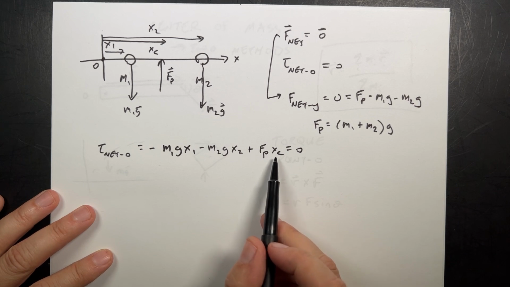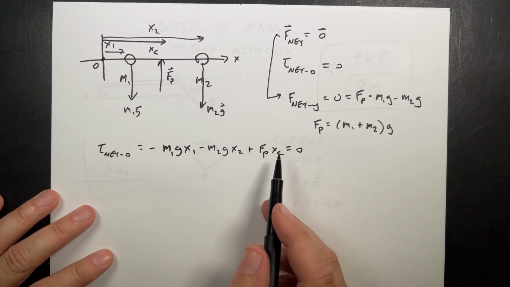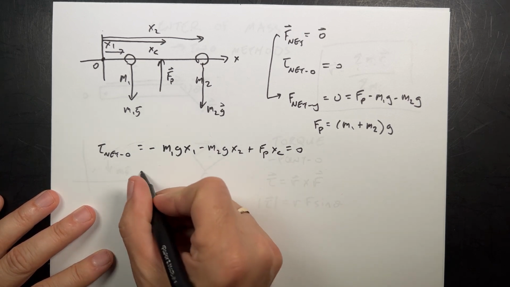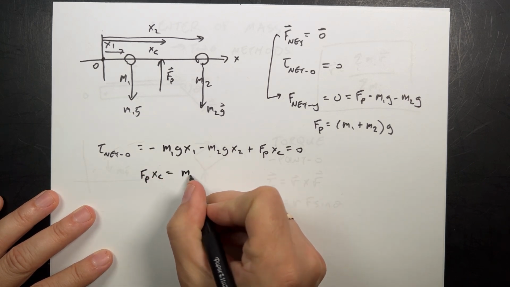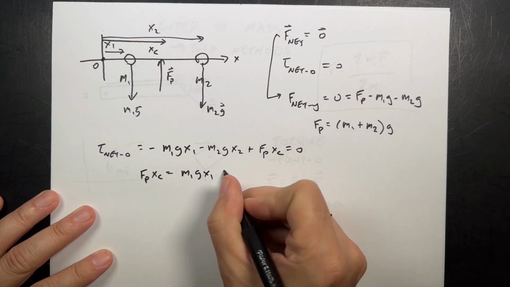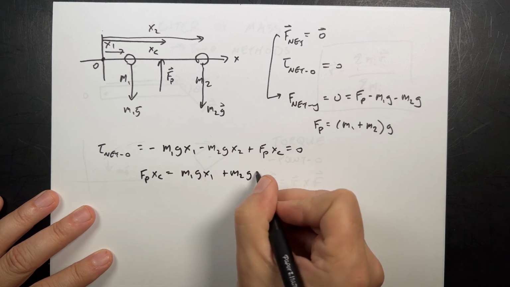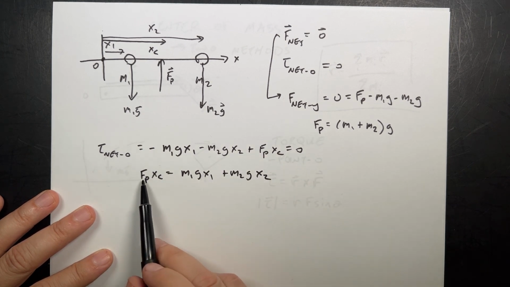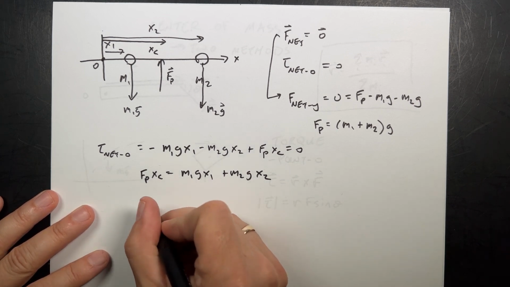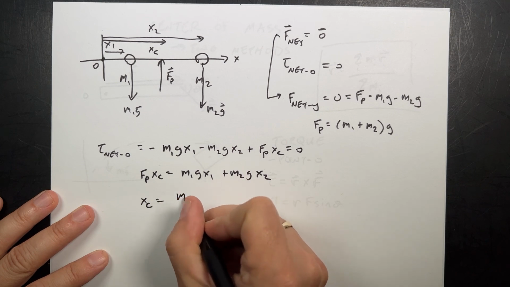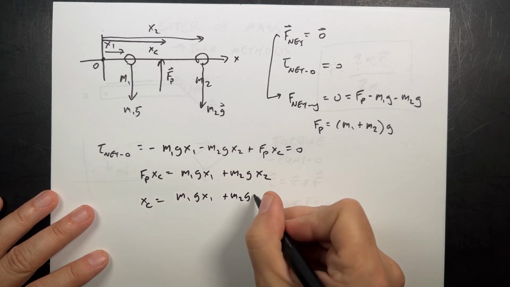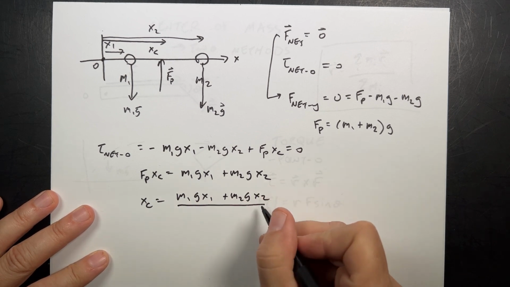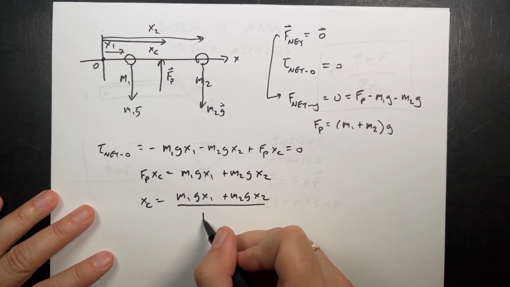I want to solve for xc. So let's just add these two to the other side. Fp xc is going to be equal to m1g x1 plus m2g x2. Now I'm going to divide both sides by Fp, and I get xc equals m1g x1 plus m2g x2, all of that divided by Fp.